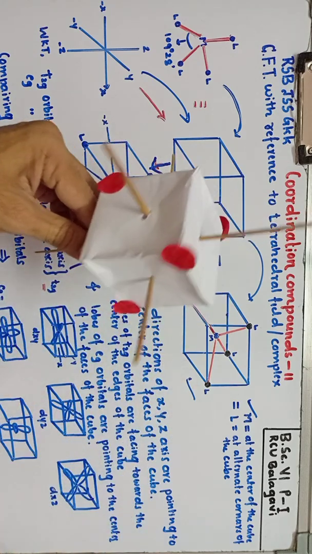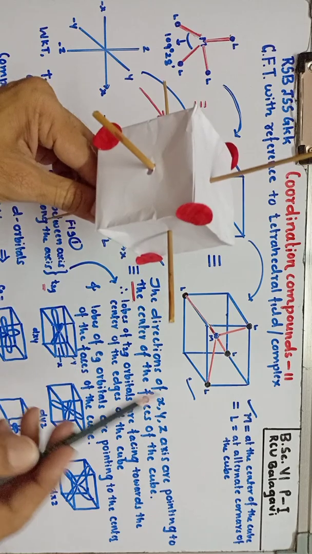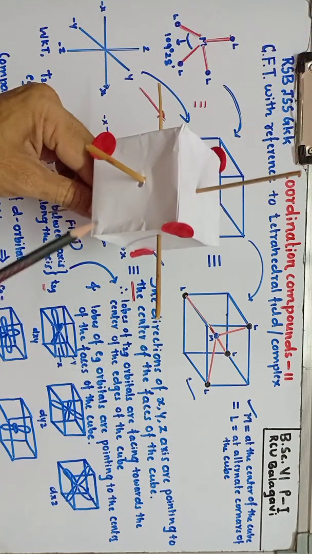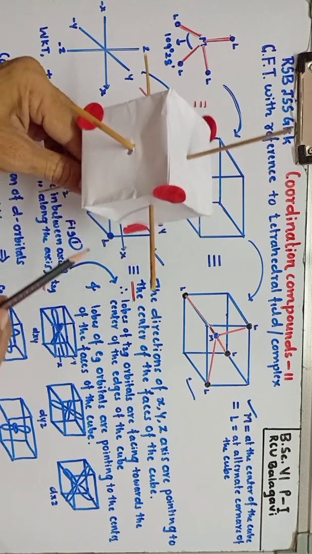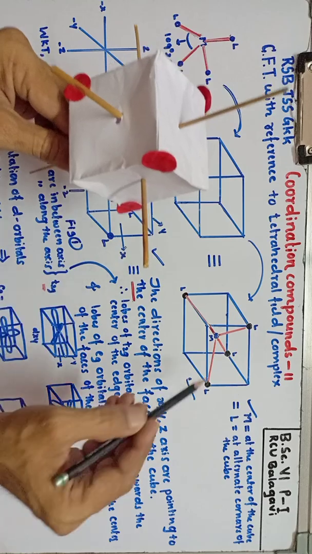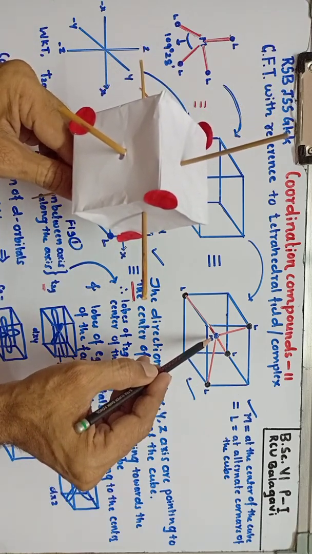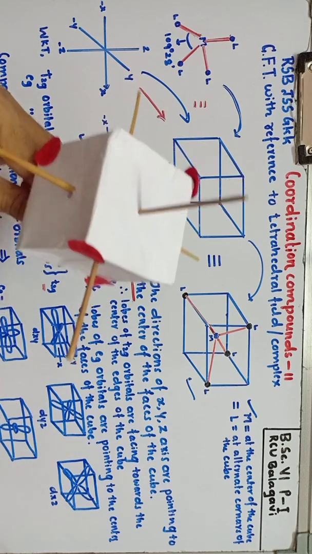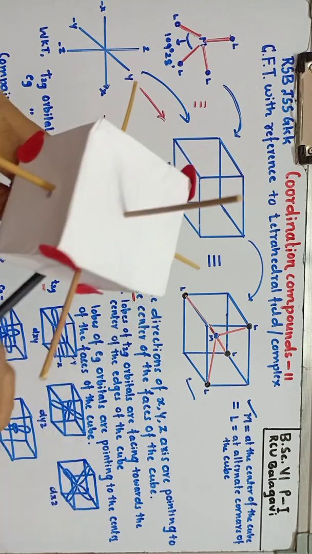So that means if you consider the tetrahedral complex in a simple cube, how does it look? In a tetrahedral complex present in a simple cube, the metal is exactly at the center of the cube and the ligands are at the alternate corners of the cube. Here 4 corners are empty.